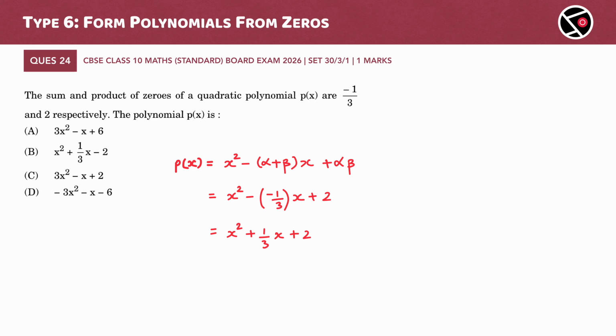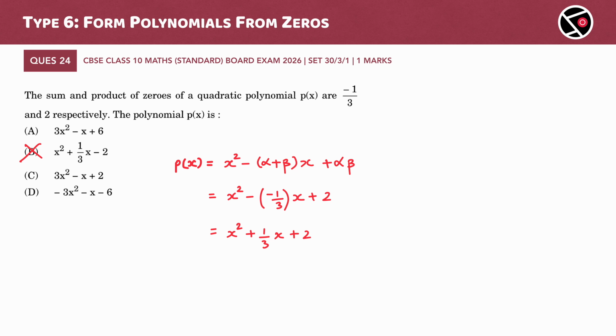So our choice is B. No, it's not. Students often make this mistake. Notice the constant term. We need plus 2, but option B has minus 2. B is incorrect. What about the other options? None of them matches p(x).